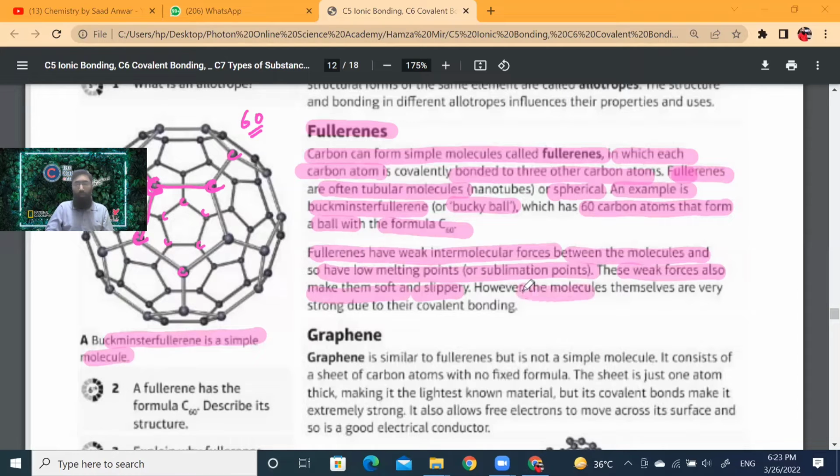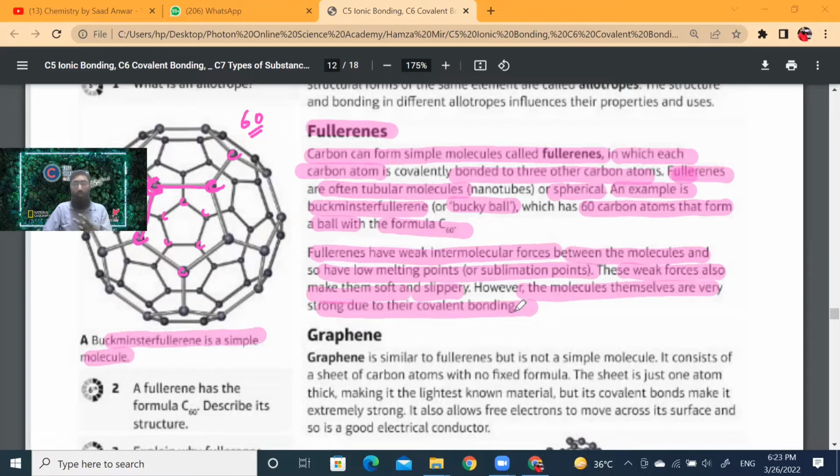However, the molecules themselves are very strong due to their covalent bonding, but among these molecules there are weak intermolecular forces.